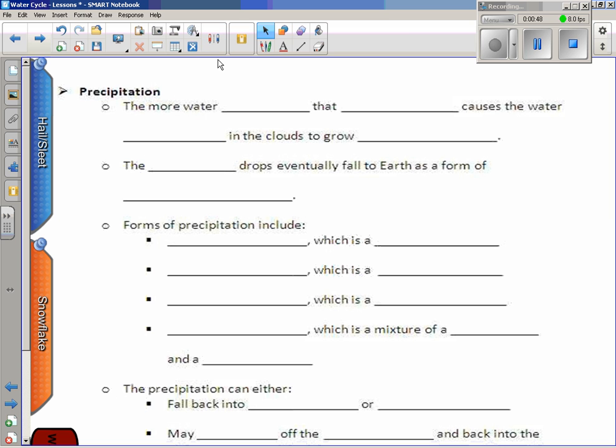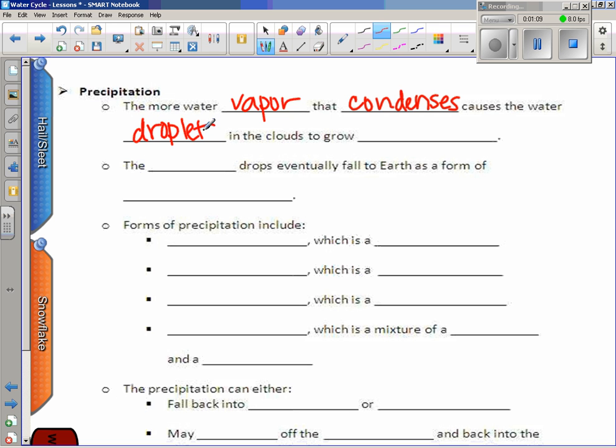So we then need to talk about precipitation because the more water vapor that condenses causes the water droplets in the cloud to grow bigger. And the water drops eventually fall to Earth as a form of precipitation.